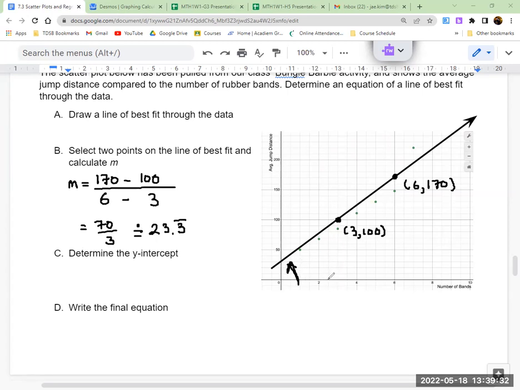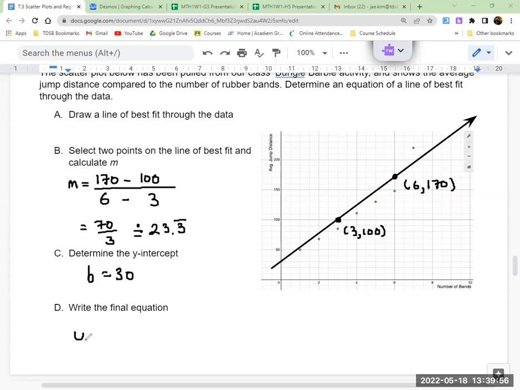About 45? No. This is 40. Oh, 25. Yeah, maybe. Wait. 10, 20, 30, 40, 50. I think it's closer to a 30 than a 25. Let's do 30.